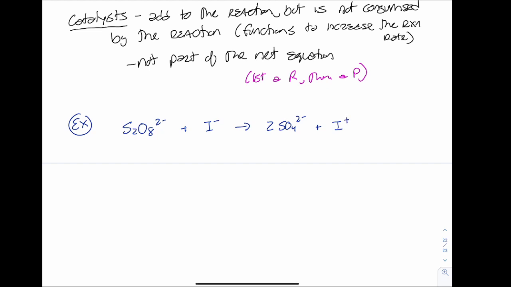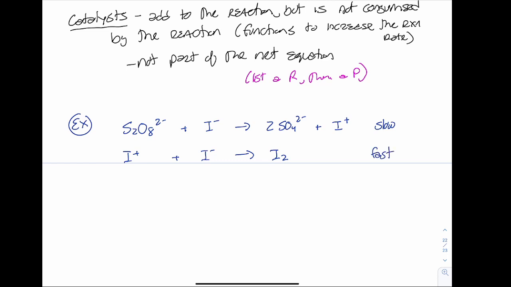And then iodide with a positive charge. I know that looks kind of weird. And then I plus I minus going to I2. So these are our 2 steps. My first step is my slow step, and my second step is faster.